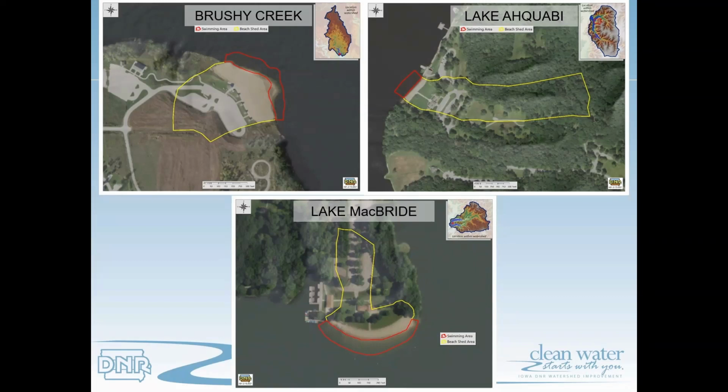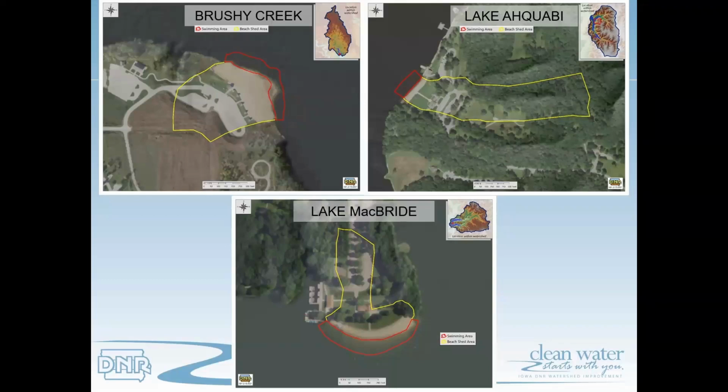The volume of these swimming areas range from 1 acre foot to 1.5 acre feet, with 1 acre foot being the depth of water over 1 acre of land. So for 1 acre foot, there would be 1 foot of water over 1 acre. And 1 acre is about the size of a football field.